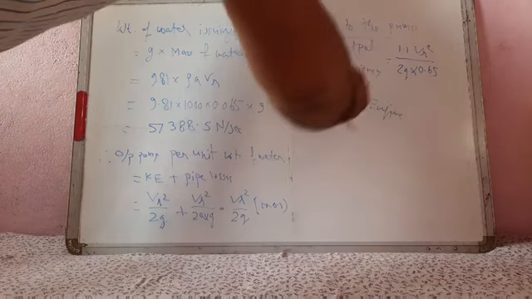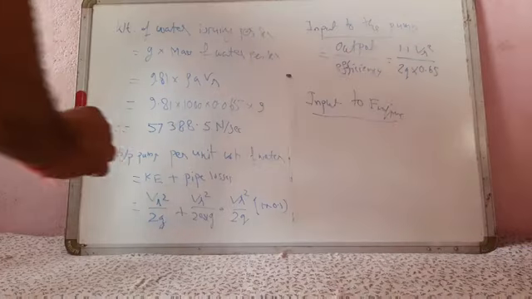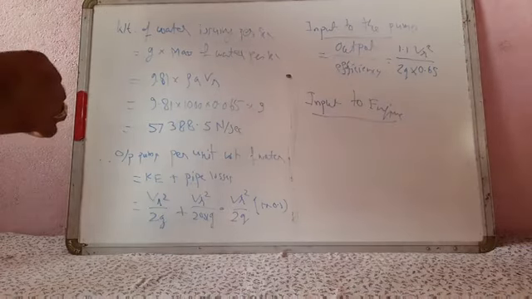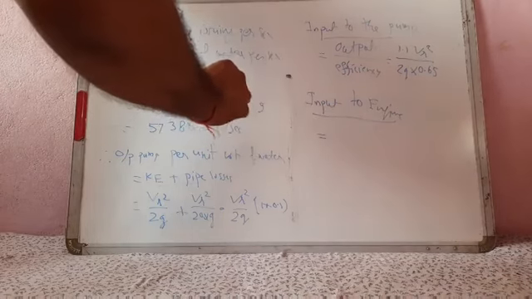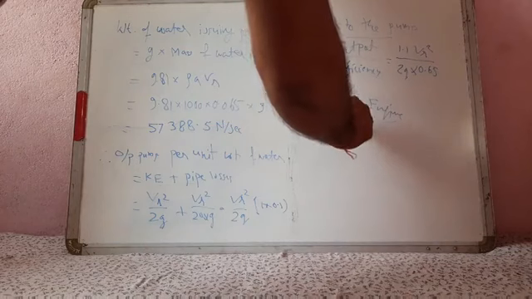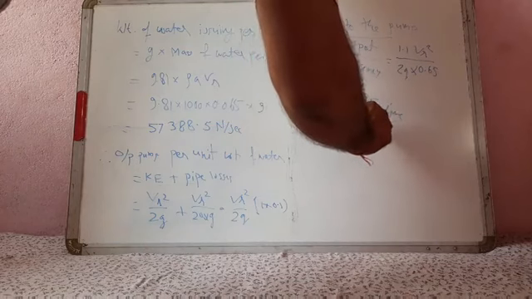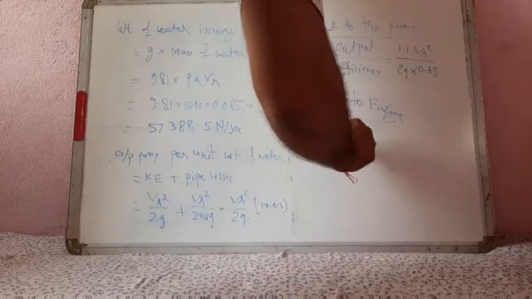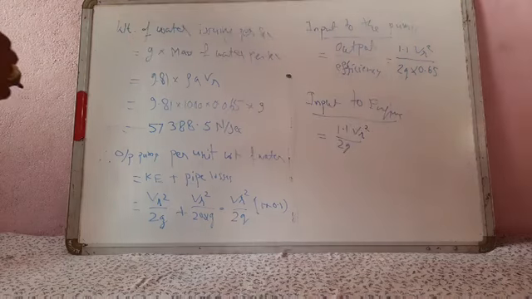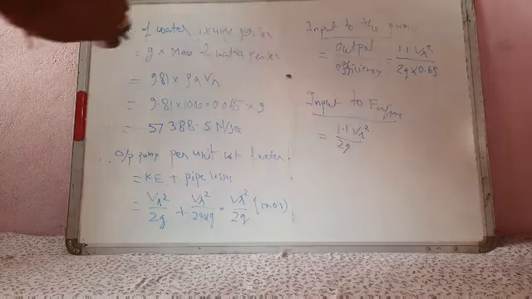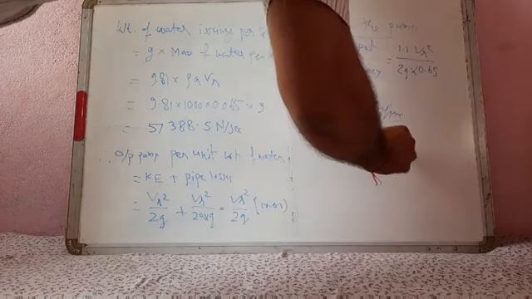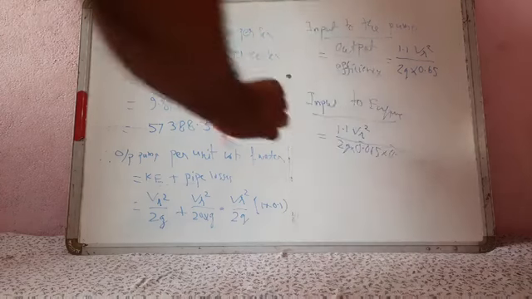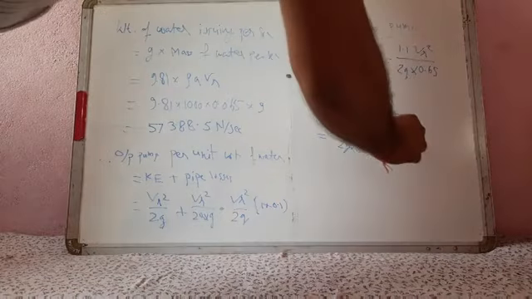This is input to the pump and this is input to the engine. Per unit weight of water is equal to 1.1 VR square by 2g into 0.65 into 0.85.